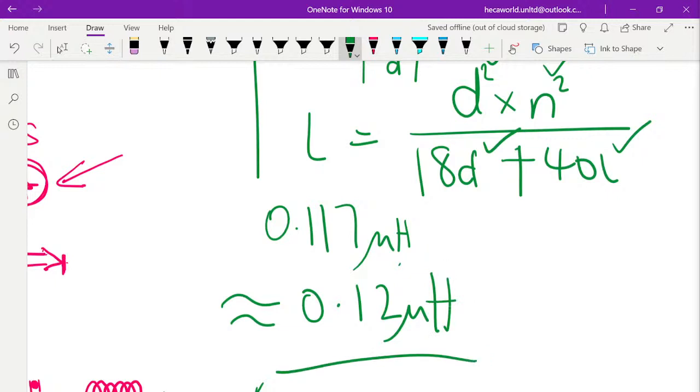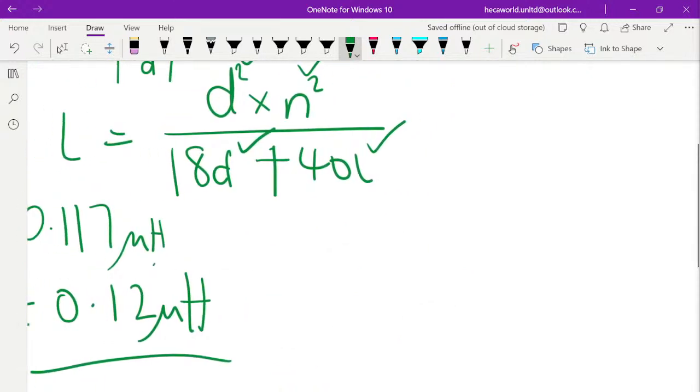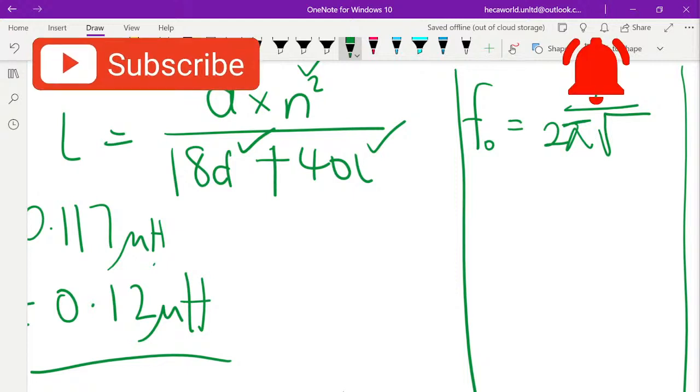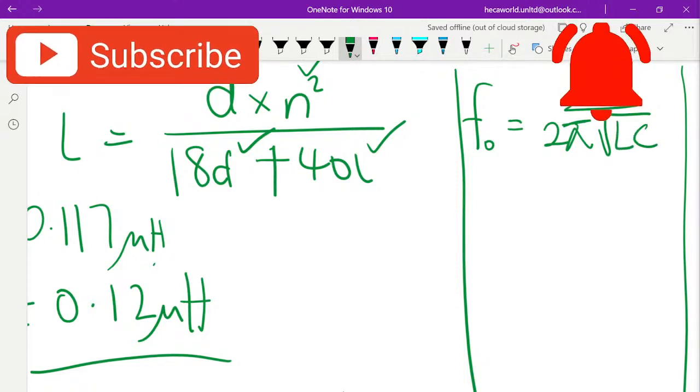So when we got this, we wanted to make sure that the resonant circuit for our transmitter is built around a certain frequency. So resonant frequency, or your fundamental frequency F0, is equal to 1 over 2 pi, or you can just say omega, but 2 pi square root of LC.